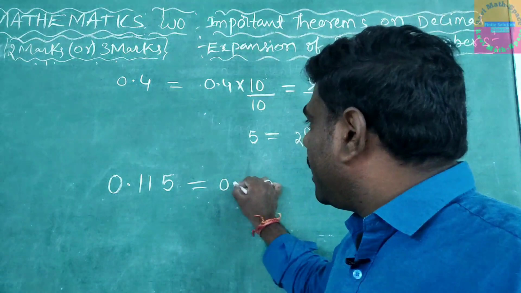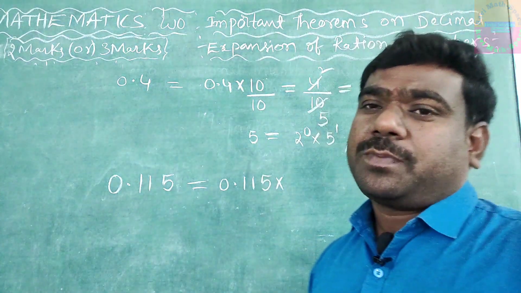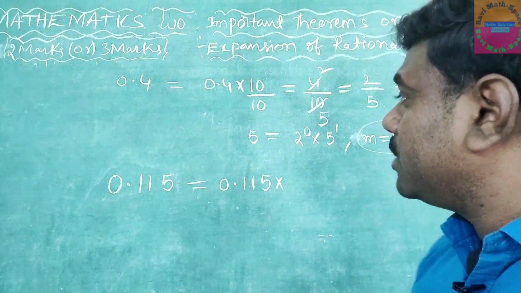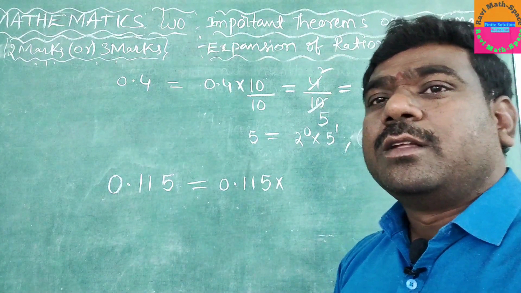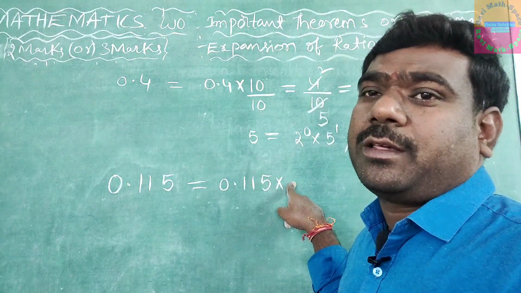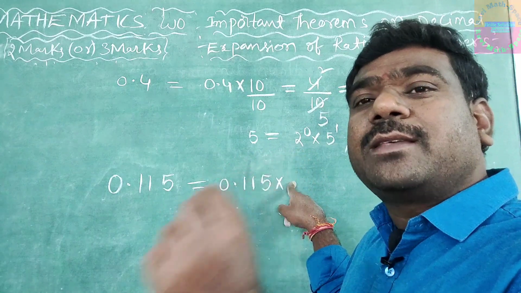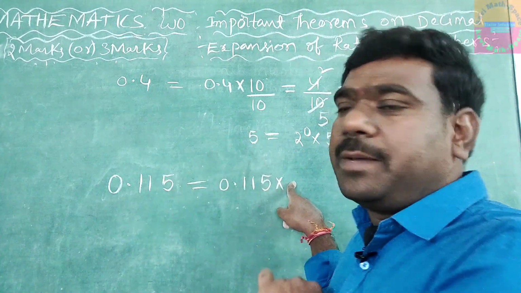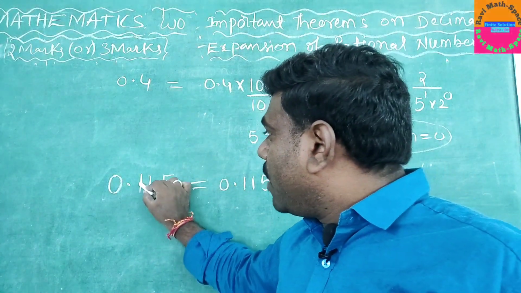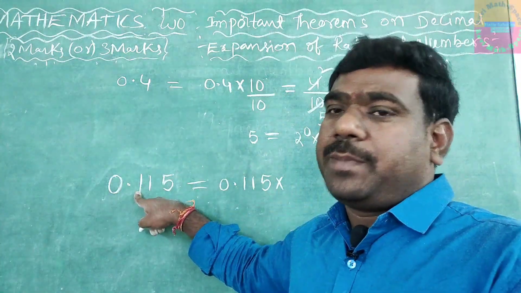We should multiply this decimal number with a suitable special number. Can you tell me what the suitable special number is here? To find it, first we have to see how many decimal places the given decimal number has. So here 1, 2, 3. This decimal number has 3 decimal places.